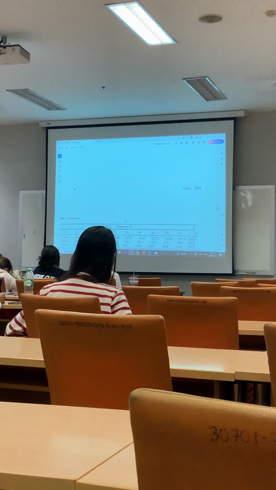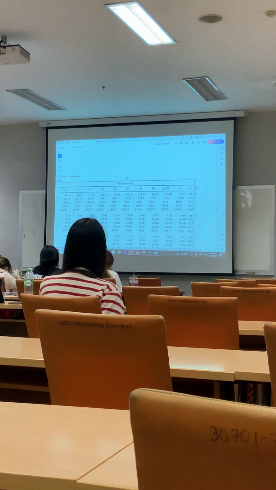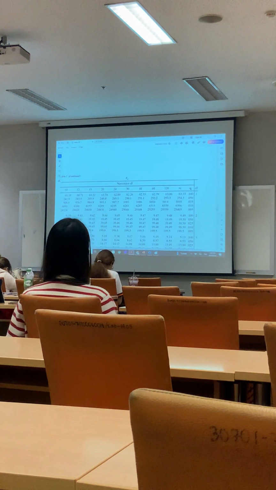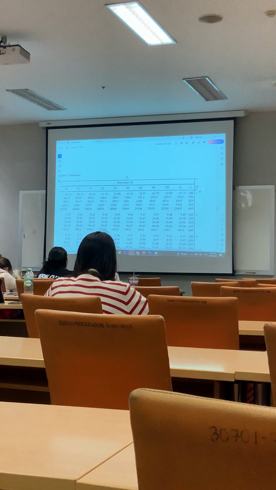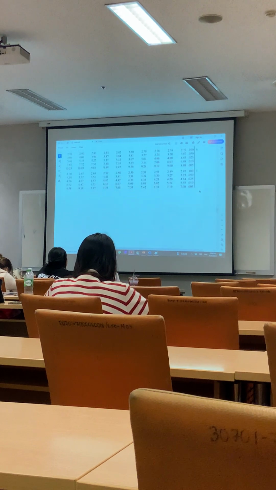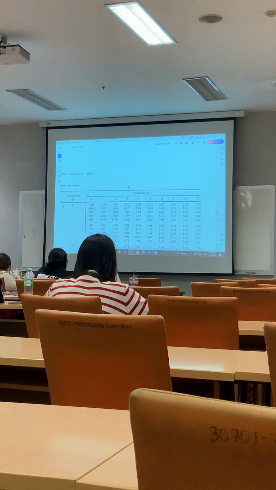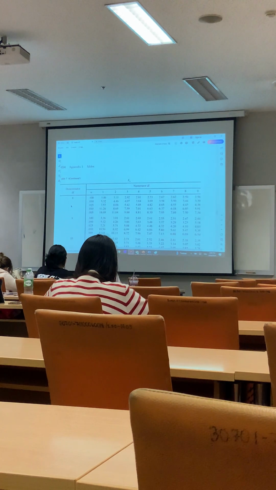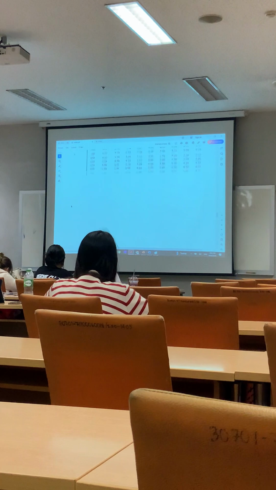So the second table is when the numerator now starts from 10 to something like 120 or infinity, and the degree of freedom of the denominator is still from 1 to 7, right? And if you want the degree of freedom of the denominator to be more than 7, you have to look at another table. So you can see that now we have more than 2 tables for the F distribution.